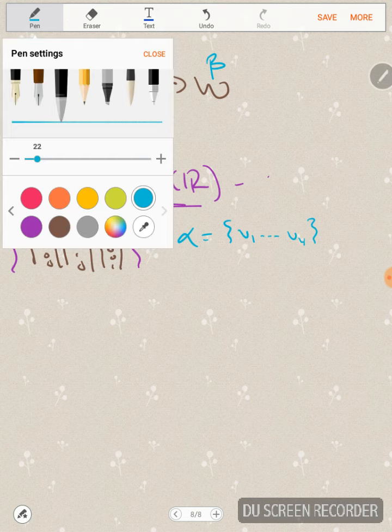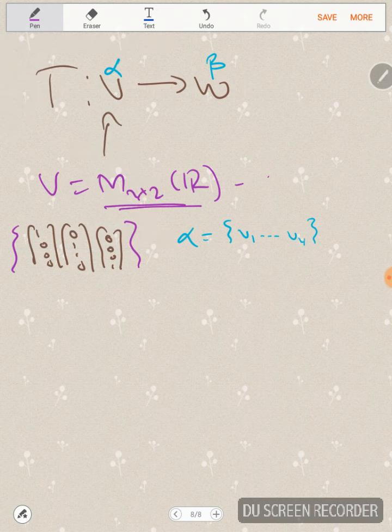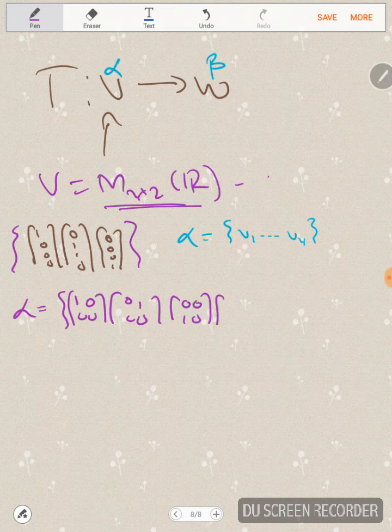I don't want to rewrite the full matrix, but it wouldn't hurt. I'm just going to do it. So 1 0 0 0, 0 1 0 0, 0 0 1 0 and 0 0 0 1.